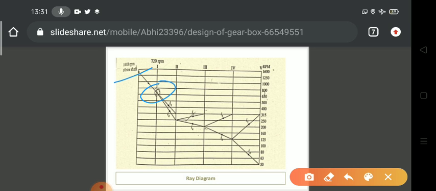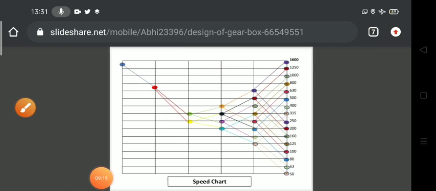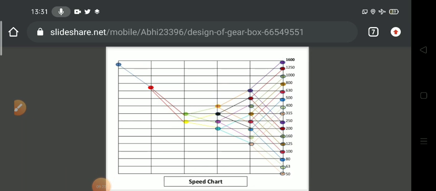This is drawn directly with the help of the equation, but this speed is connected at 315 and 250 as per our intermediate speeds, and 250 is connected with 315 and 200 with the help of the intermediate speeds. Lastly the 50 speed and 315 speed are connected with the intermediate speeds, right? So the speed chart is drawn: first the 1440 to the 720, and 720 is connected with 315 and 250.